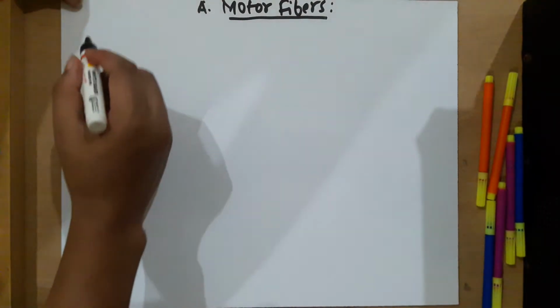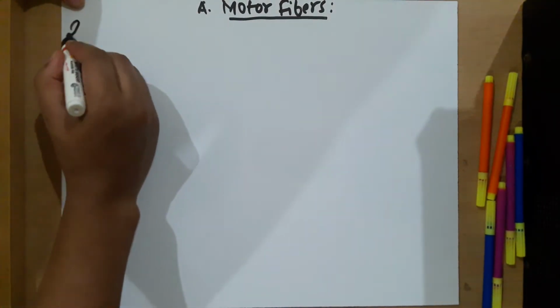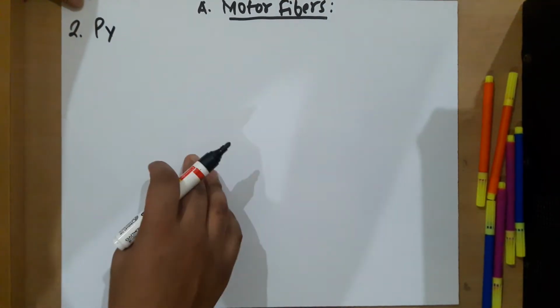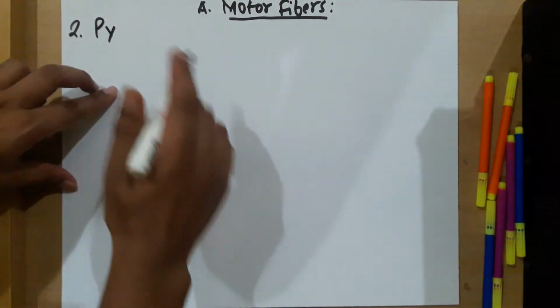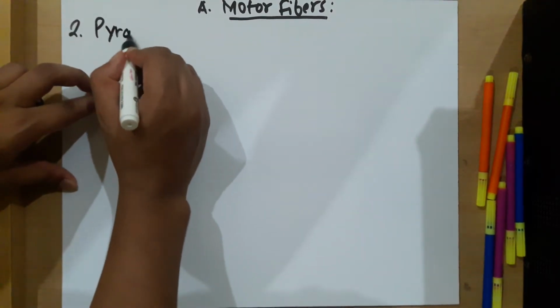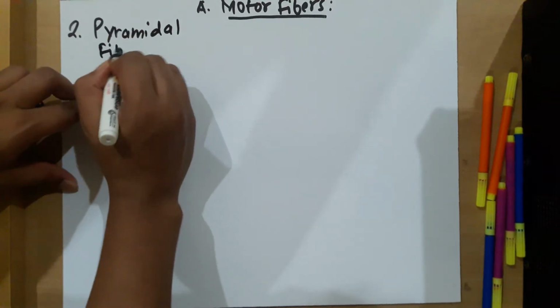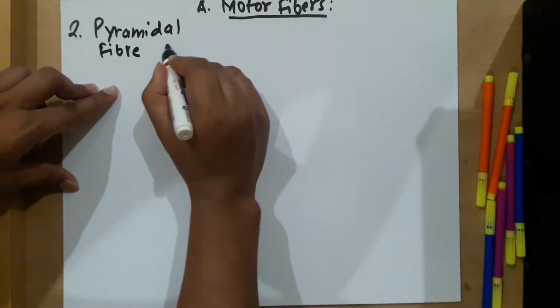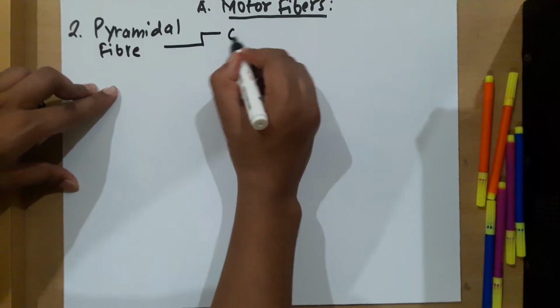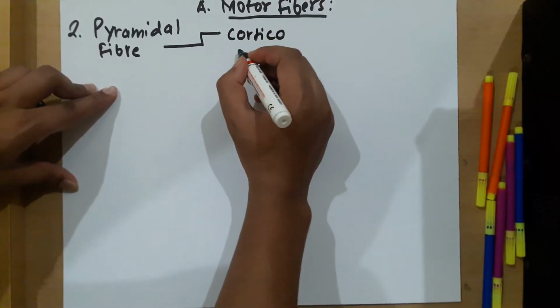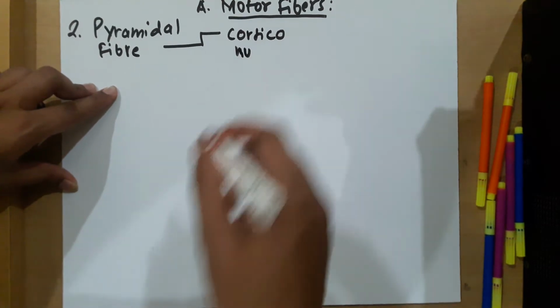Now let's come to the pyramidal fibers. First was the corticopontine fiber under motor fibers. Now second are the pyramidal fibers. They have corticonuclear, which is also called corticobulbar.